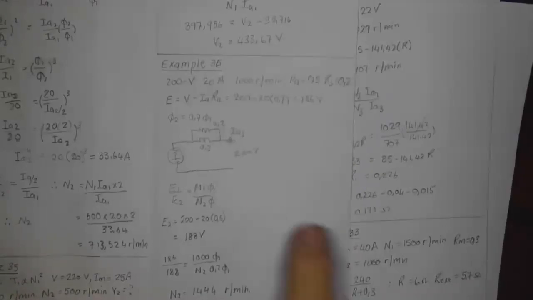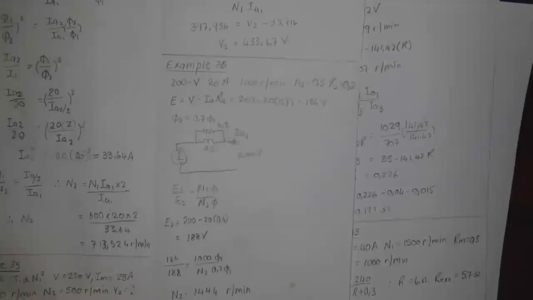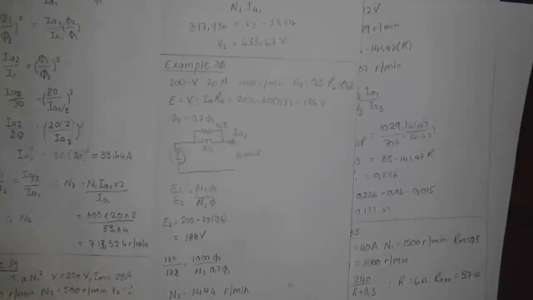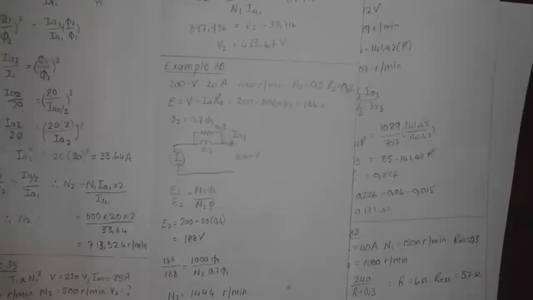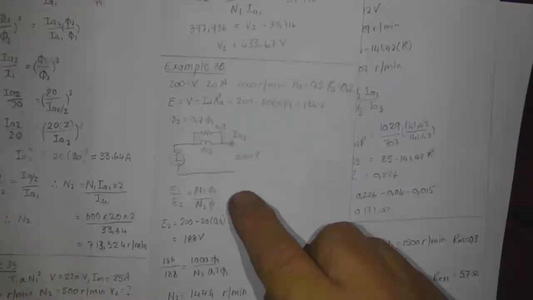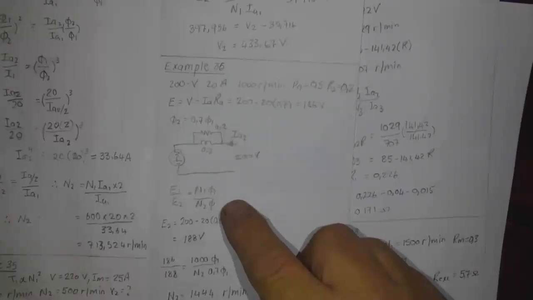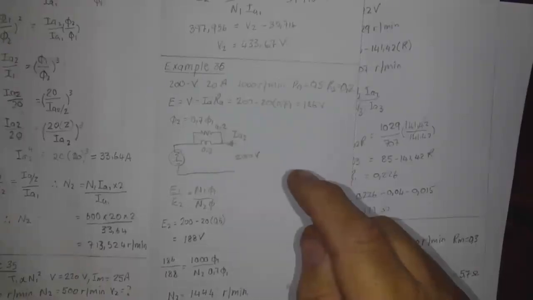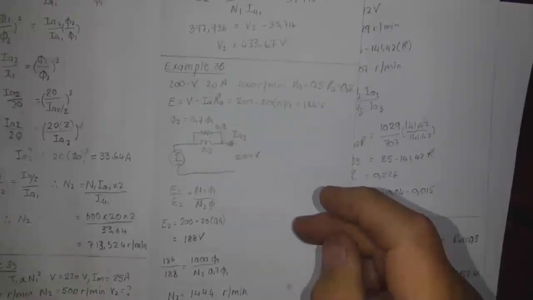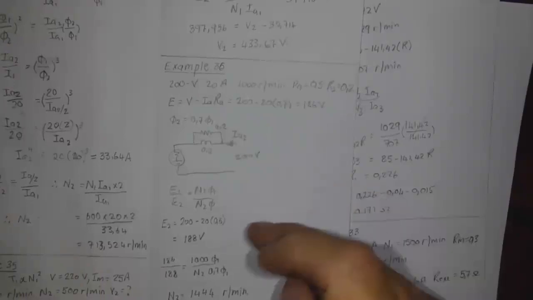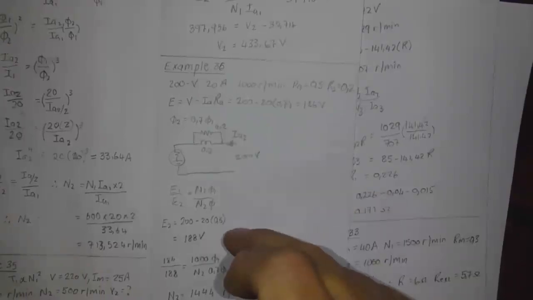First step, always calculate E1, that is V minus IA RA. That is 200 minus 20 times 0.7, which is 186 volts. Then E1 over E2 is N1 flux 1 over N2 flux 2. That gives us 200 minus 20.